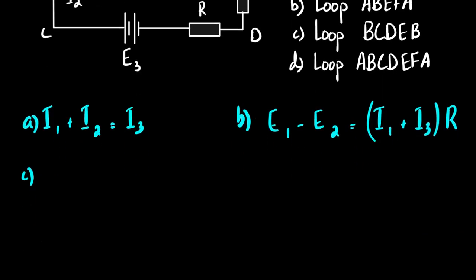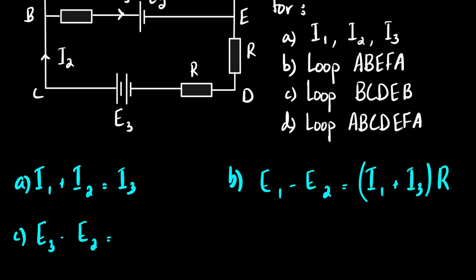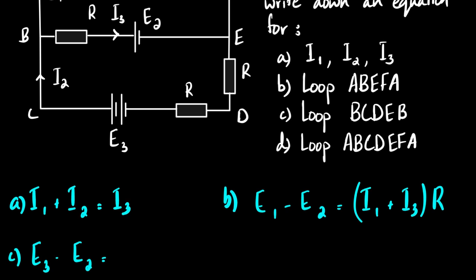So I'll write E3 minus E2. That's the EMF part. Now the potential differences part, that is equal to the sum of PDs. Through this again I2 flows, so this becomes I2R plus I2R, so that's 2I2R plus I3R. After factoring out the R, I would write it as (2I2 plus I3)R.